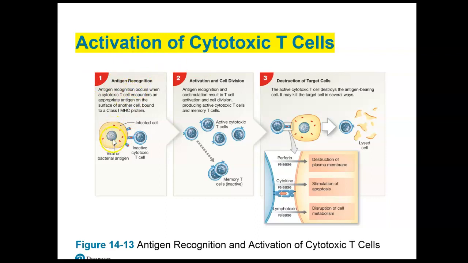This is your infected cell here, and this is your inactive cytotoxic T cell. You can tell it because it's a lymphocyte. It has that big nucleus that almost fills up the whole cell. So you have your inactive cytotoxic T cell, has a receptor that is able to bind to the antigen on either a viral or bacterial antigen in an infected cell.